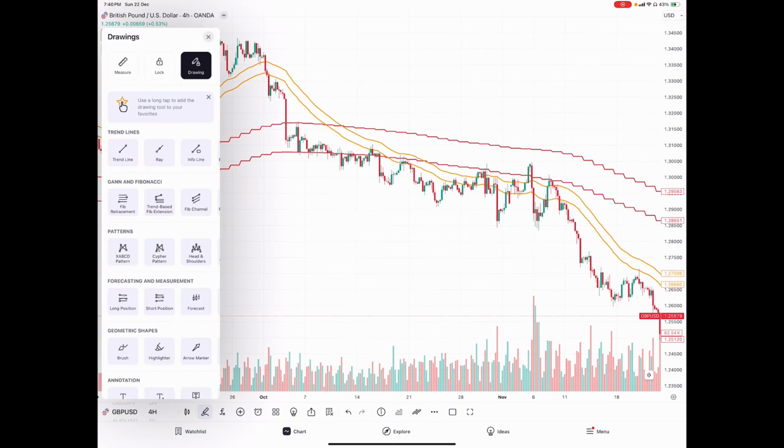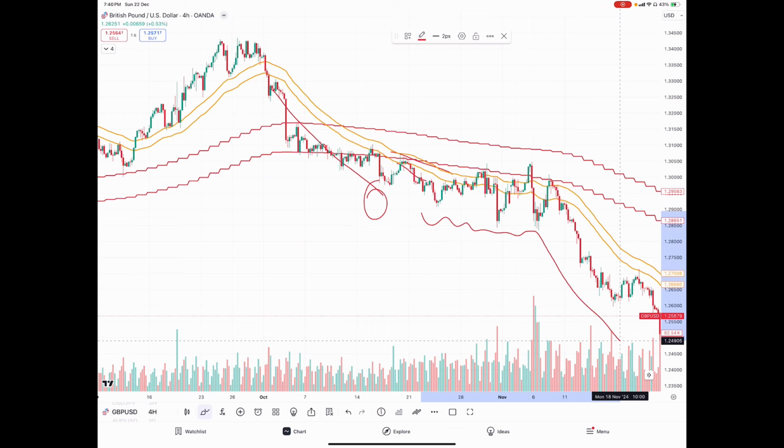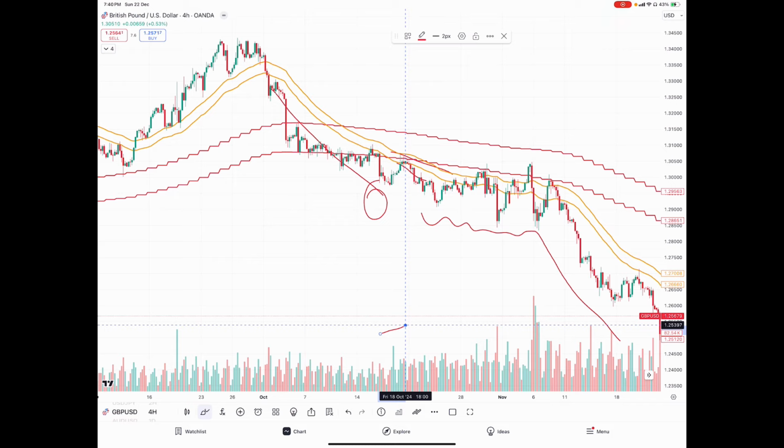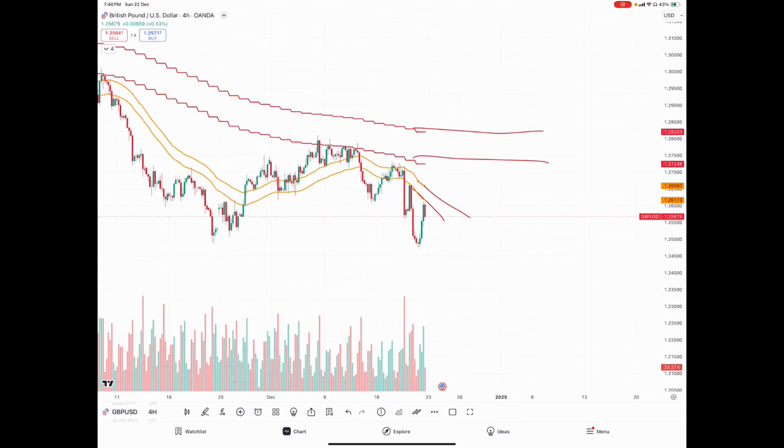If you see here, then crossed, orange line also crossed. It was sideways, and then it gave a move. So the strategy is very simple. The indicator will do all the analyzing part. You guys just have to wait for the opportunity to enter into the trade.